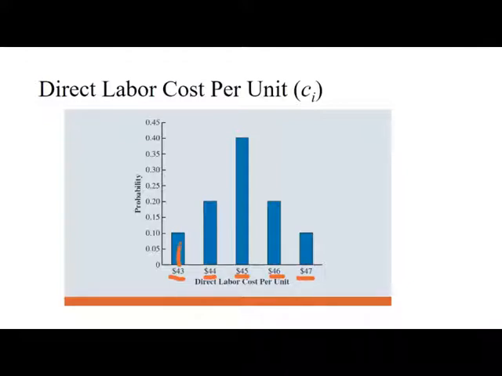There is a 10% chance that direct labor cost per unit will be $43, a 20% chance that it will be $44, a 40% chance that it will be $45, a 20% chance that it will be $46, and a 10% chance that it will be equal to $47. You see the sum of these heights will equal 100%, and so therefore this defines a probability distribution.